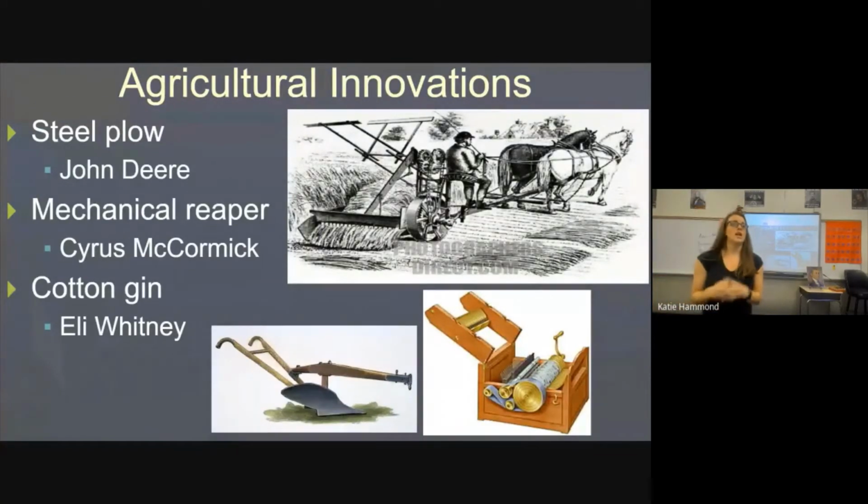Just remember, industry is the biggest thing for the economy up north, but there are some commercial farms and they are going to focus on grain. Why? Because the mechanical reaper was first created to cut and harvest grain faster.